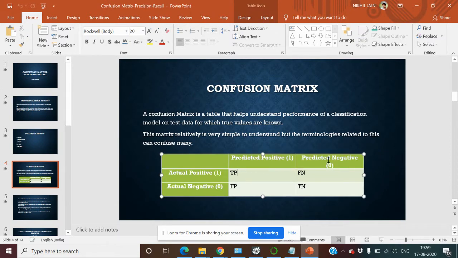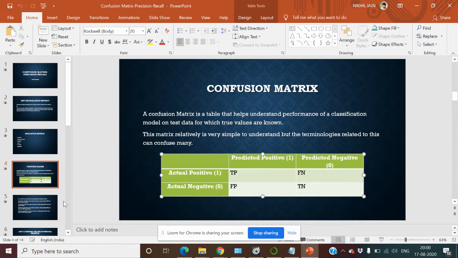If the model predicted negative and actual was positive, then it is false negative. If the model predicted positive and actual was negative, that is false positive. And if the model predicted negative and actual was negative, that is true negative.